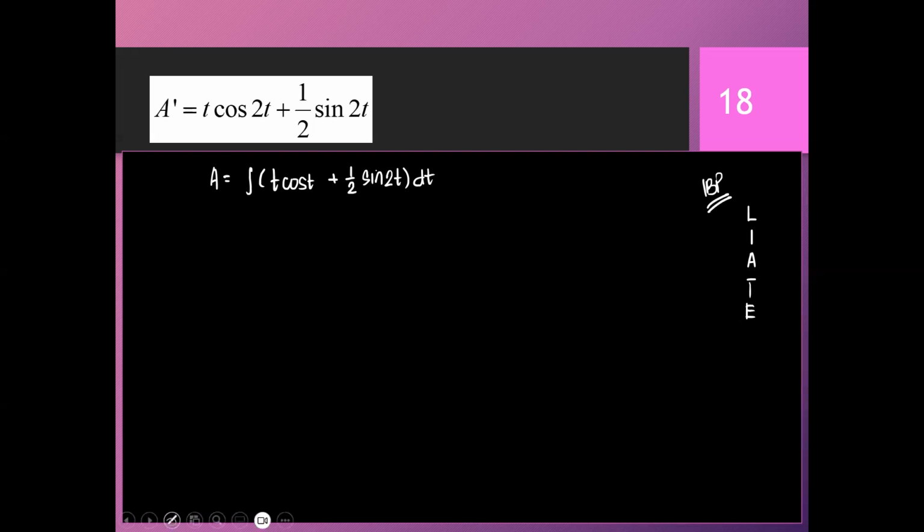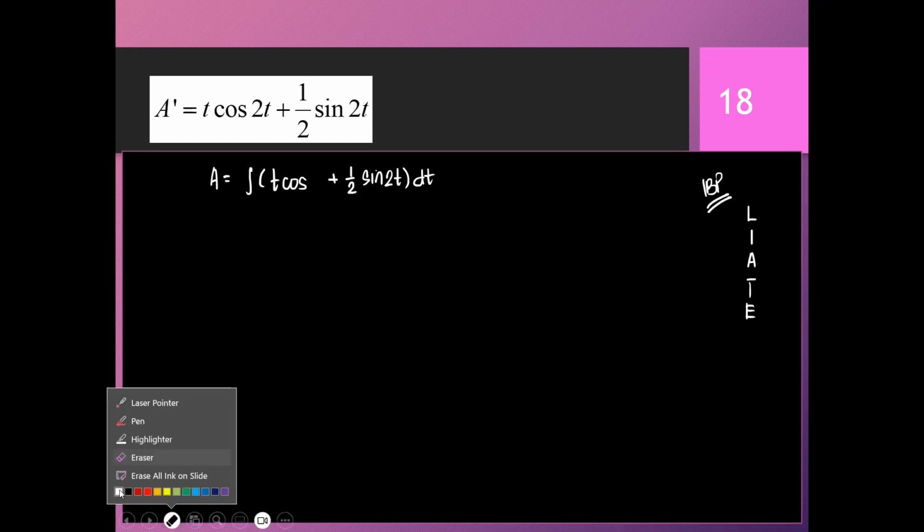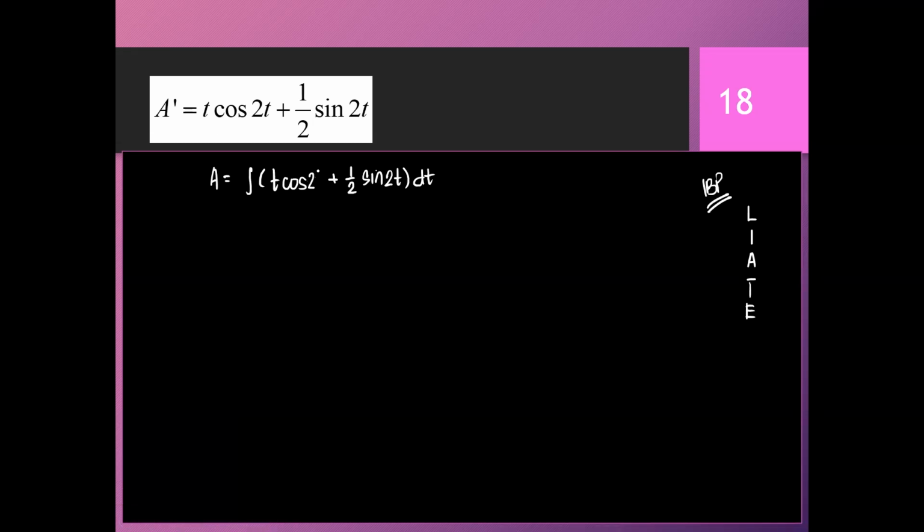It's not cosine t. May mali pala akong right. Thank you. Yan. Combination of algebraic and trigonometric. Therefore, let u be the algebra part. Diba? T. And then dv is cosine of 2t. So du is dt.